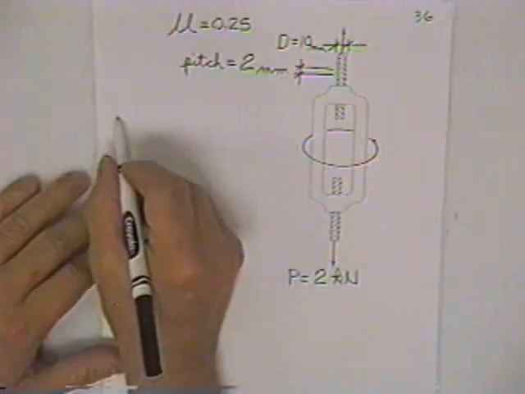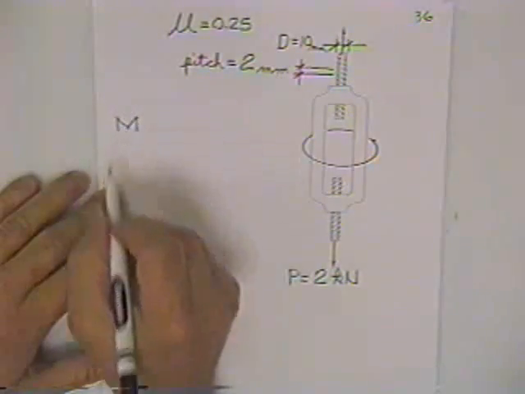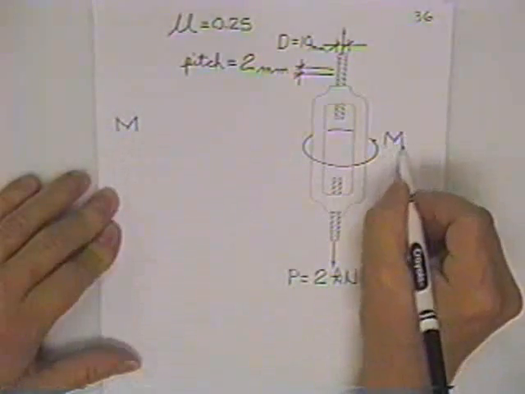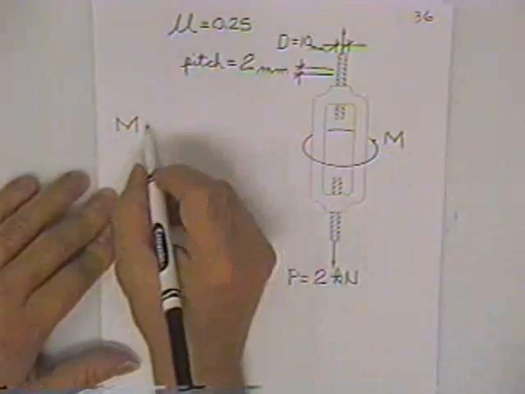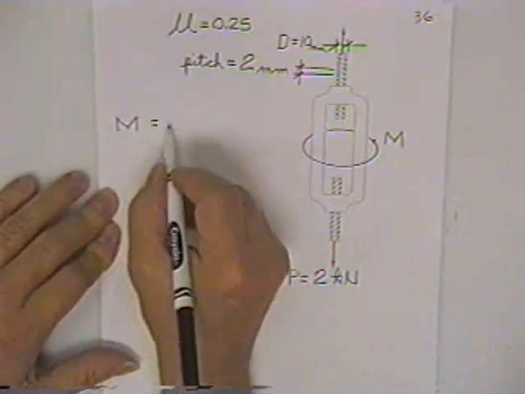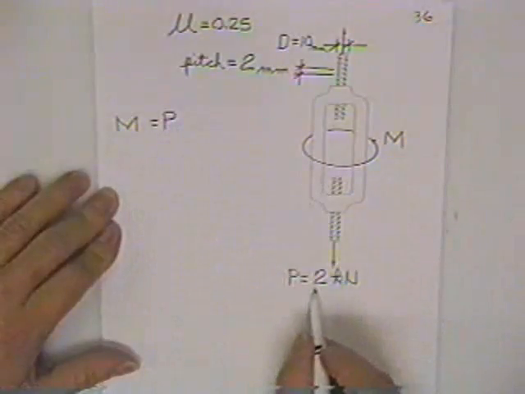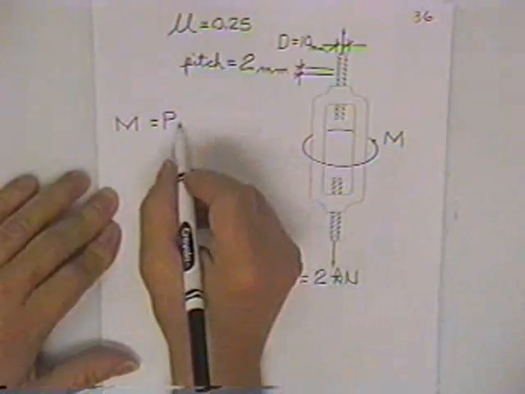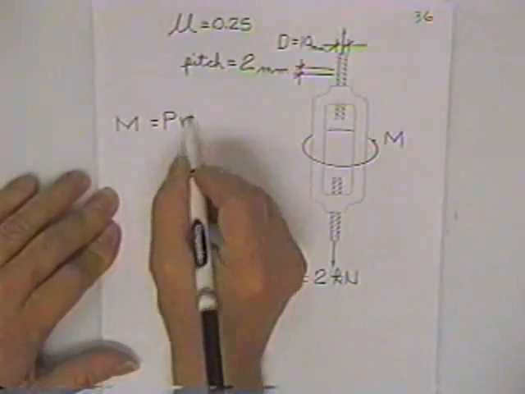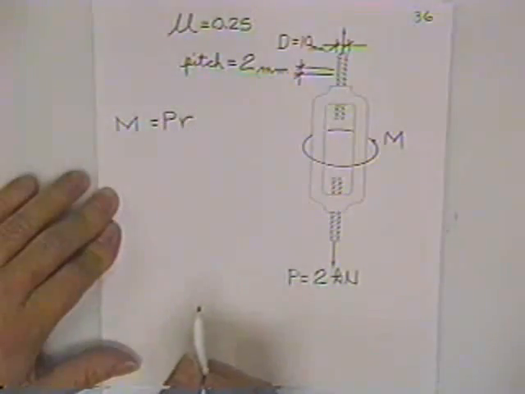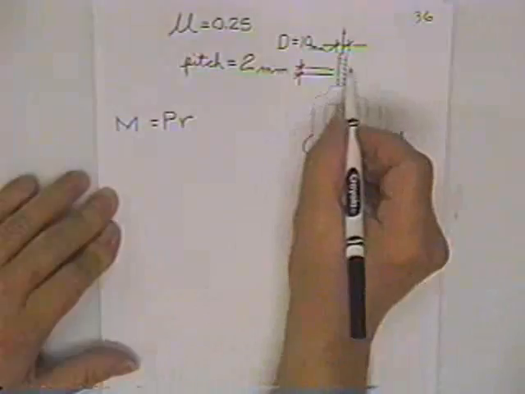It says M, that's the moment necessary to crank this rascal up, is equal to P, that's the load that's applied, multiplied times the radius of the screw.